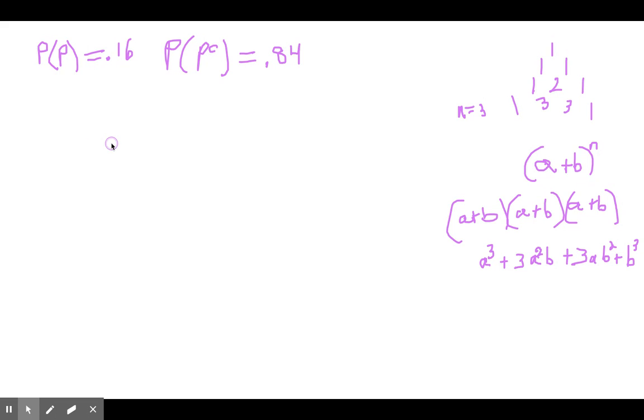So you have to think, well, there's different options. I could have had the first person choose pink, and second pink, third pink. I could have had first pink, second pink, and the third not pink. Or maybe it was the second person who said not pink. Or maybe it was the first person who said not pink, and the other 2 did say pink.